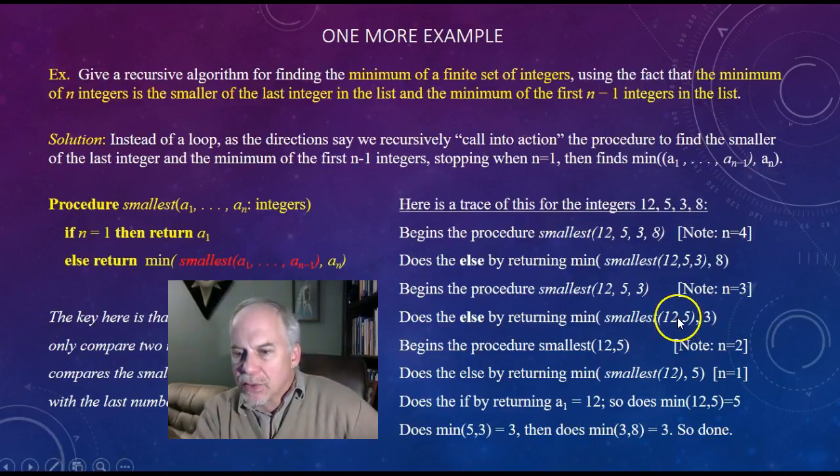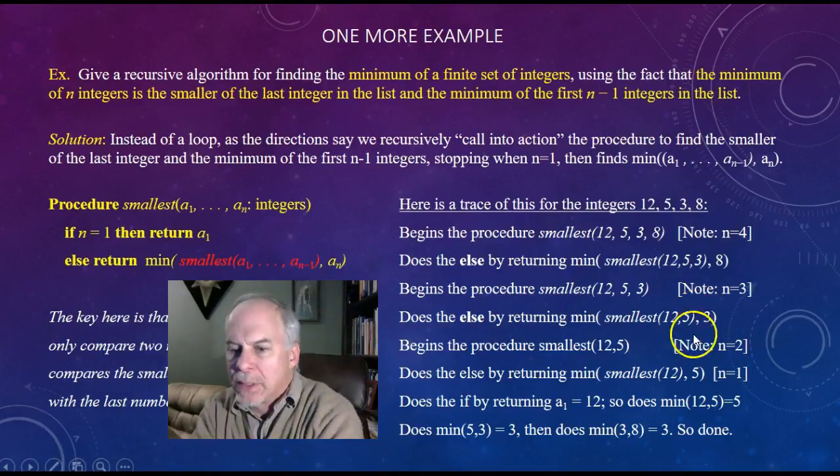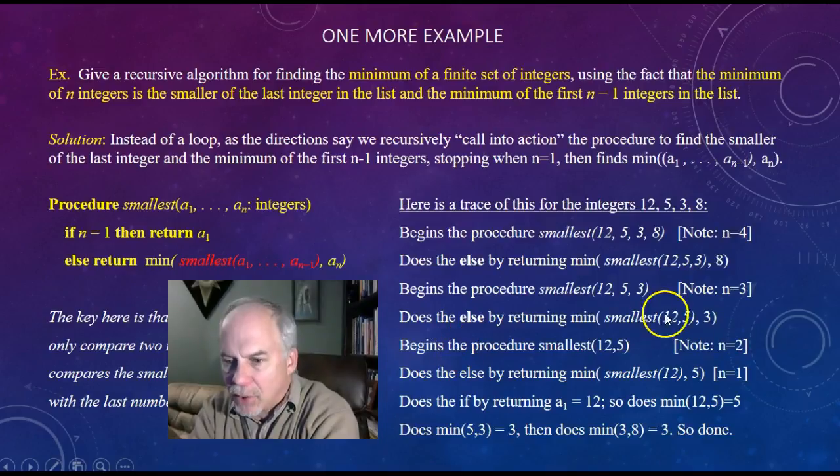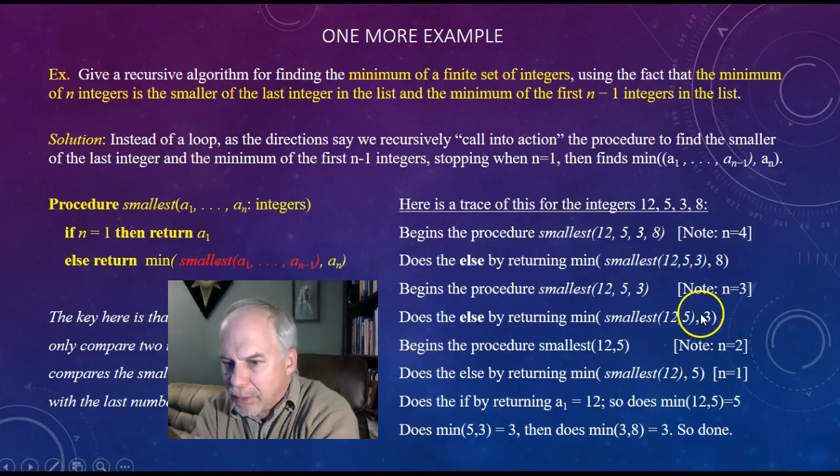So it treats the 3 as the a sub n term now. Then that calls into action the program for 12 and 5. Now n is 2. It does the else by returning smallest of 12, comma 5, so it's dropping the 3 off and just looking at the 12 and the 5.